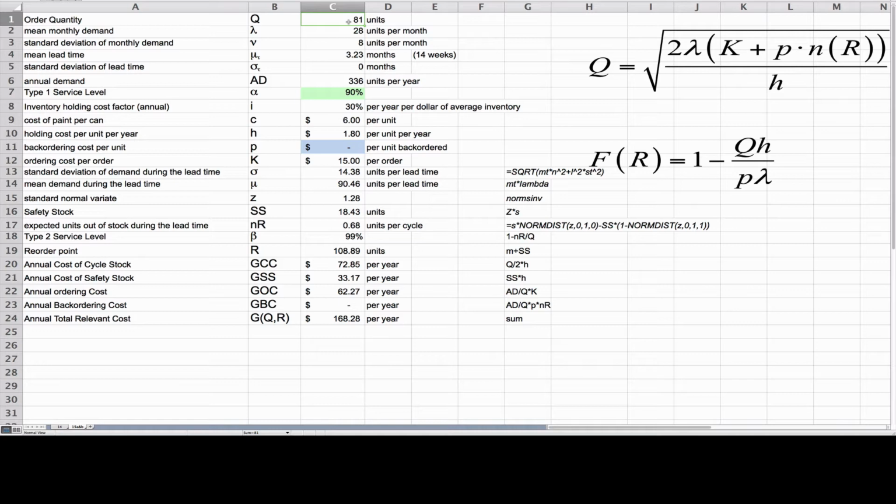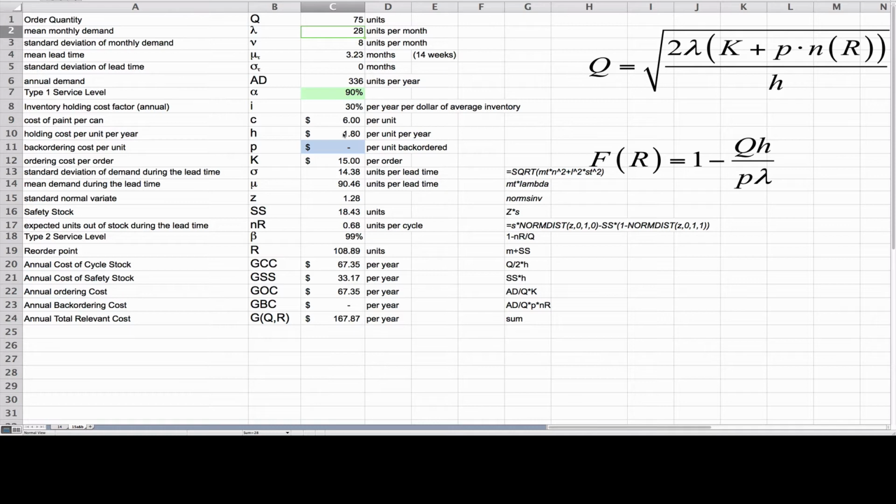In other words, this value of Q is based on our knowledge of the backorder cost P. So now that we don't have that, we need to redefine our cost minimizing order quantity Q. Remember, all this means is that we revert back to our basic Q. So I will recalculate Q as the square root of 2 times annual demand times the order placement cost divided by the holding cost per unit per year, which is H. So that gives me a Q of about 75 units.